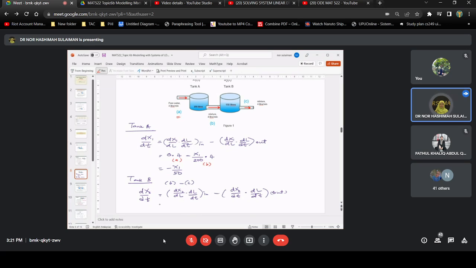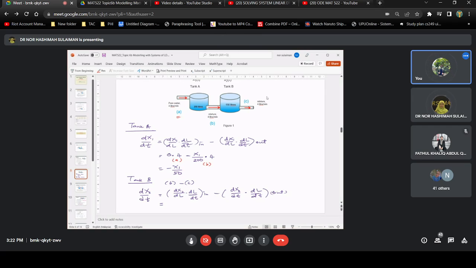Okay, sekarang ni cuba lihat concentration larutan atau mixture ni yang masuk dekat tank B. Dia datang daripada mana? Daripada tank A. So maksud dia apakah kepekatan ataupun concentration dia tadi?